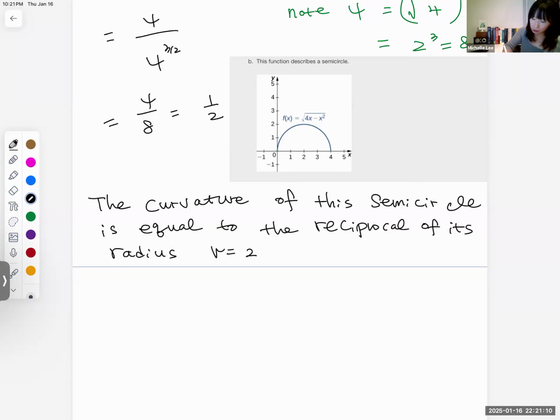So r equals 2, so the curvature equals 1/2.